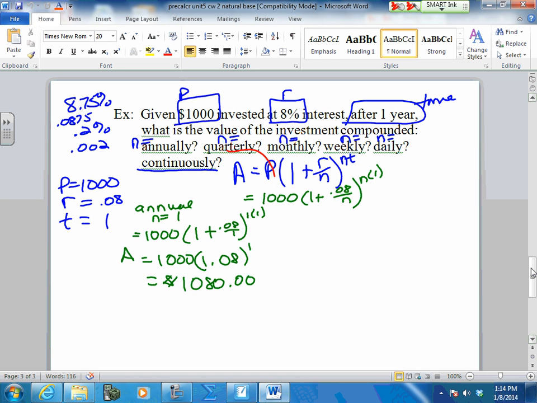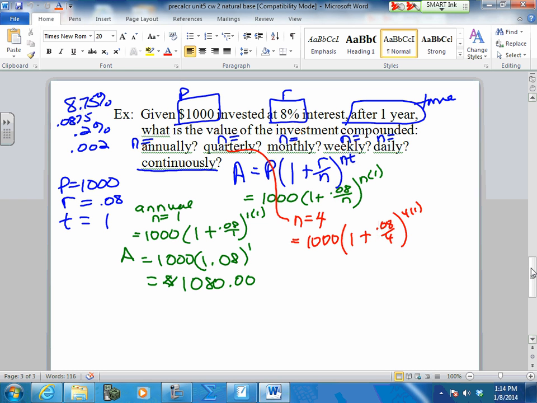Okay, so quarterly. What's N if I'm quarterly? 4. Think 4. How many quarters in a dollar? 4. So I'm changing where my N is. 1 plus, and I'm raising it to 4 times 1. Because 1 is my time, remember? 1 is my year. So all I need to do is put this in my calculator.